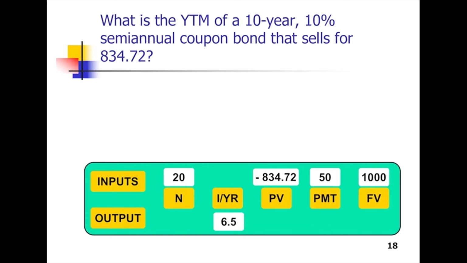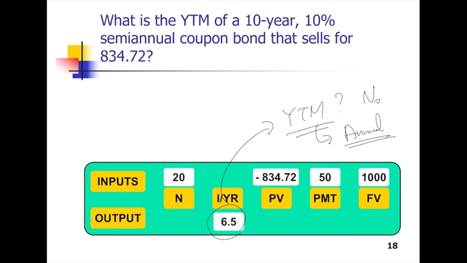Is it the yield to maturity of this bond? No, because this is an annual concept. So we should multiply by 2. That is the yield to maturity.